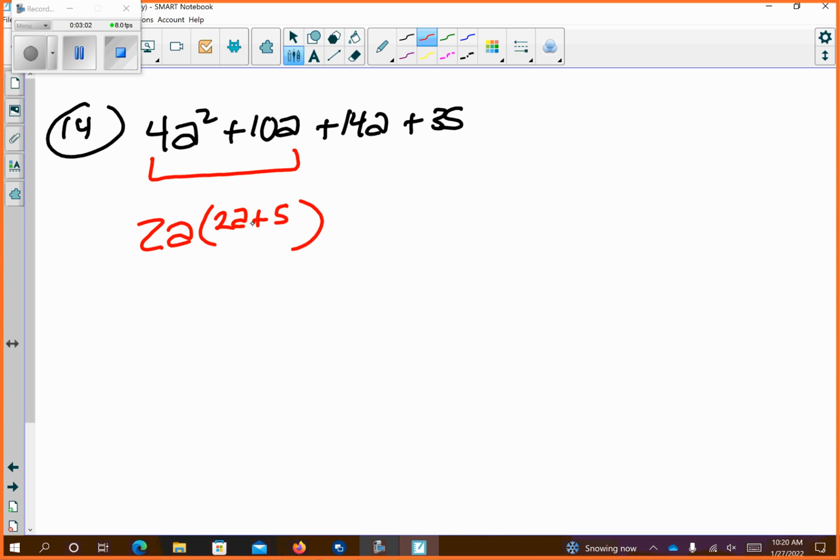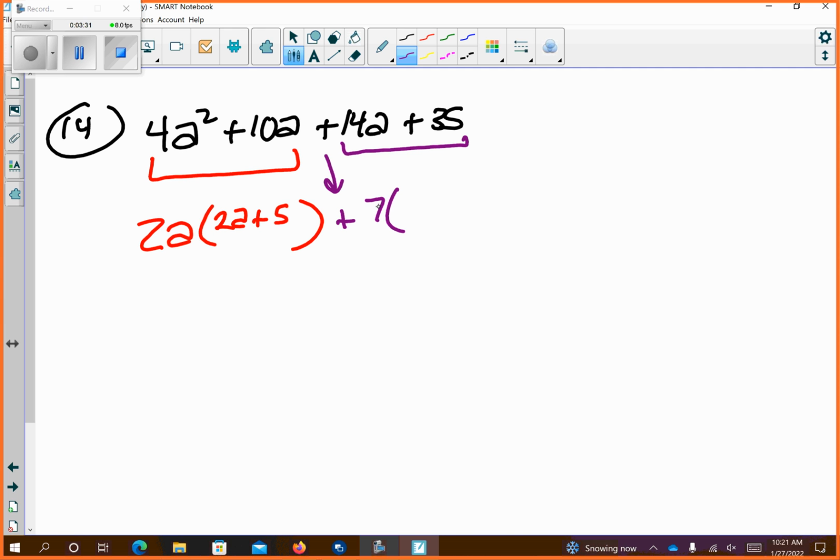So let's just double check, and I'm using mental math because I want you to see the pattern. 2a times 2a is 4a squared. 2a times 5 is 10a. So it works, okay? Then the very middle sign is a plus, so that's going to come straight down. So what's the biggest number that goes into 14 and 35? 7, great.